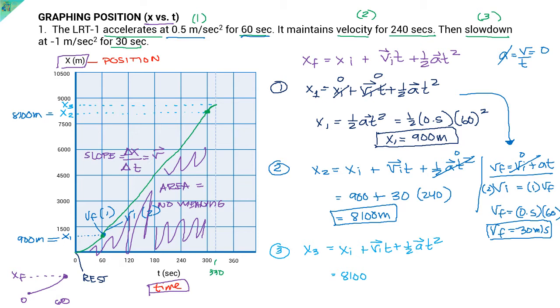Okay. Next is that the initial velocity of x3 is actually the final velocity of x2.